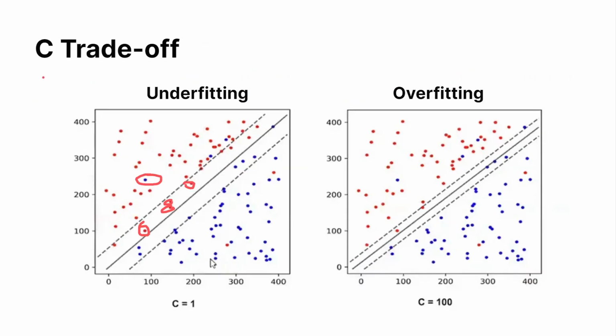Now we look at the trade-off of the C hyperparameter. When we use C equals 1, the margin can be very big, and when we go to C like 100, the margin is a little bit closer. And you can see some kind of trade-off where here the model can be about 70% accuracy, and here 95% accuracy.